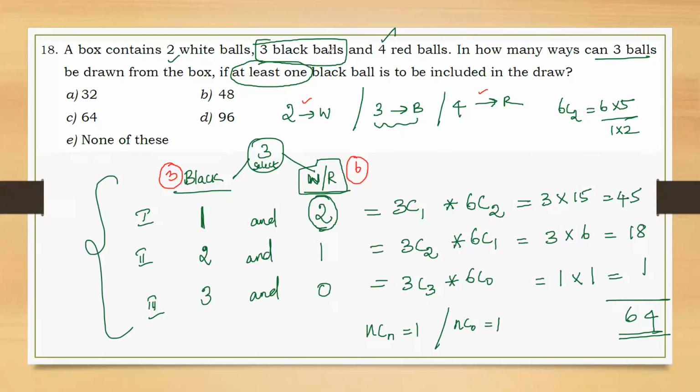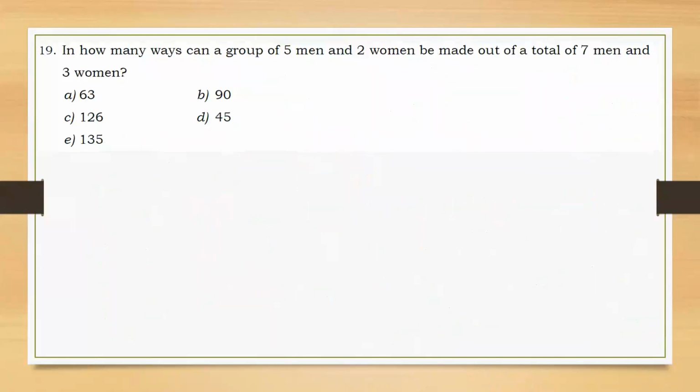Okay. We are moving to the next one. Yes, 126, 63, 63. I think you already did the same question. In how many ways can a group of 5 men and 2 women be made out of 7 men and 3 women? The option will be, I think, A. 7 men and 3 women.